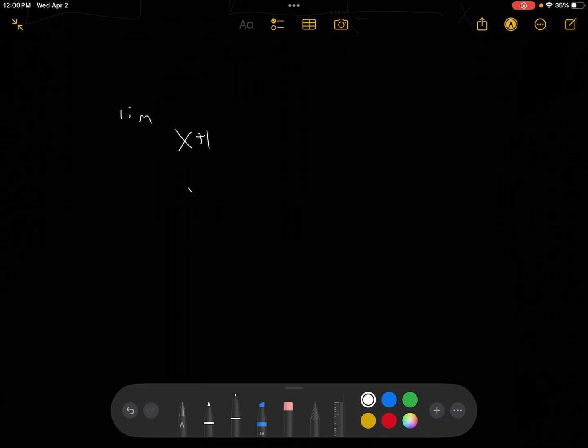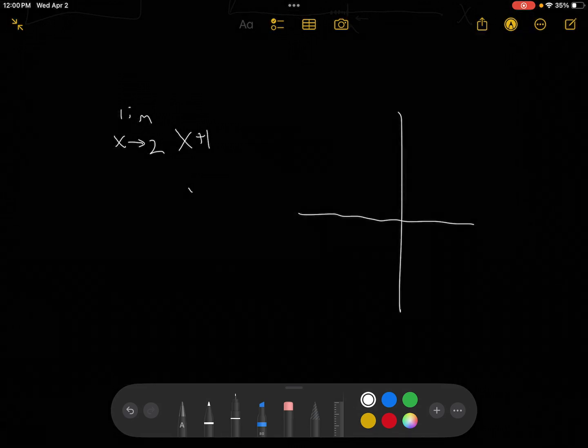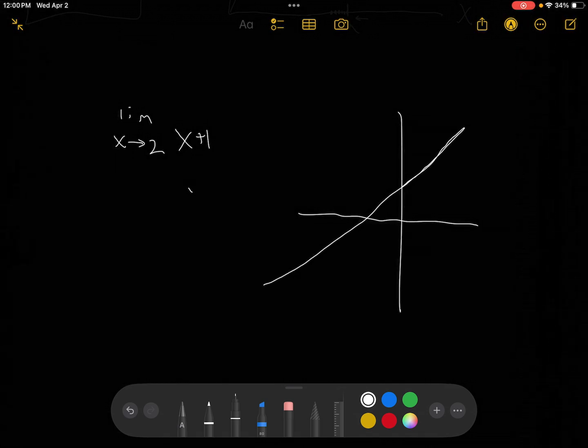Let's take the function x plus 1, and let's find the limit of x plus 1 as x approaches 2. So this will be pretty simple. Let's draw a graph. And here is the graph of x plus 1. And the point 2 is going to be somewhere around here.